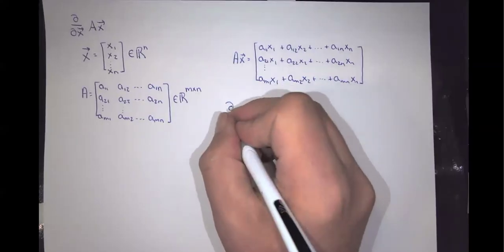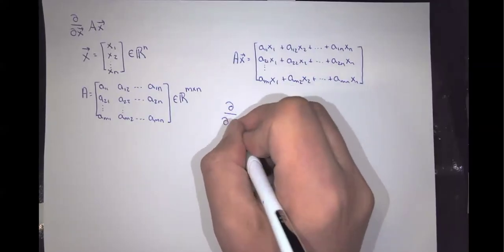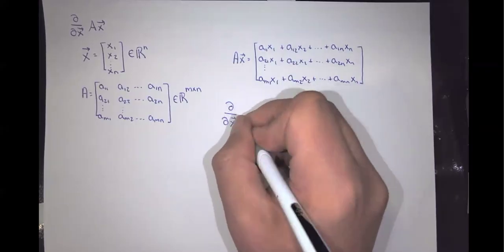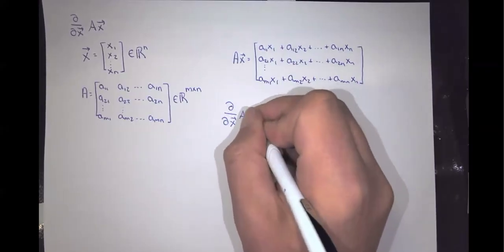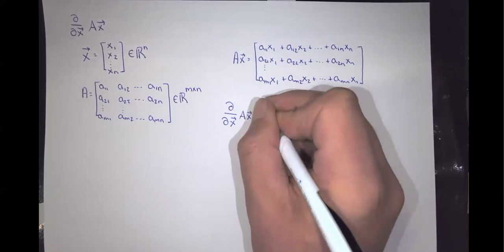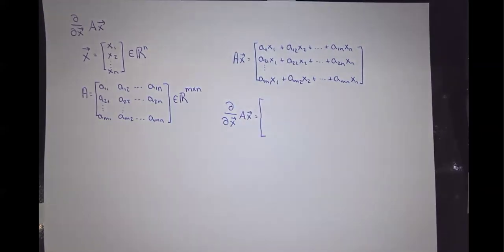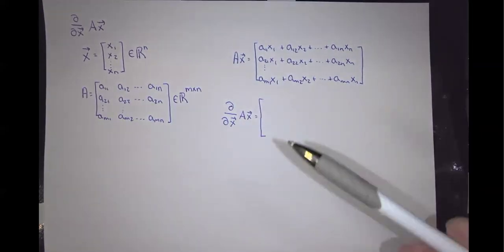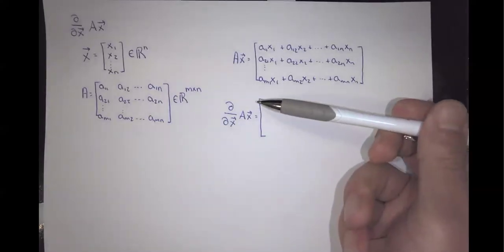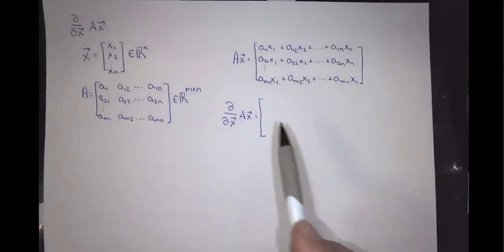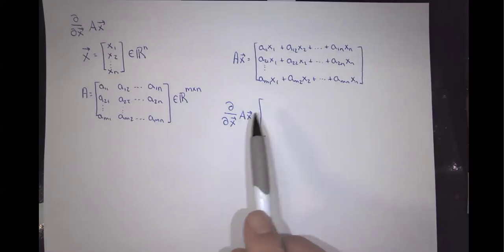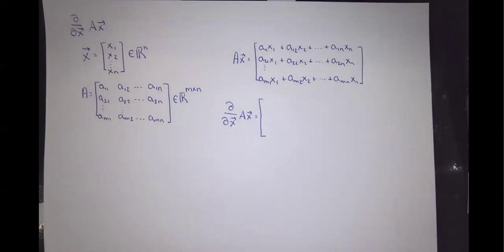So we're looking for the derivative with respect to vector X of AX. Now, for our book, we're going to have each row of the derivative representing the rows of AX, and each column the variable to which we're taking the derivative.